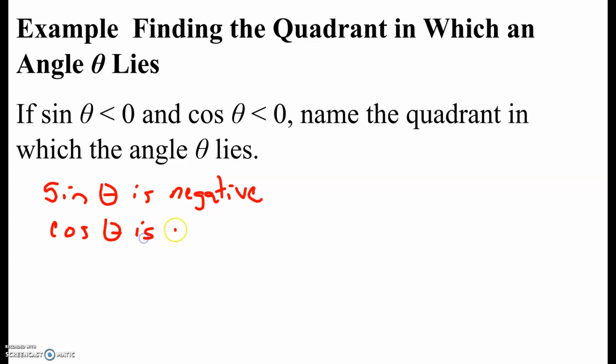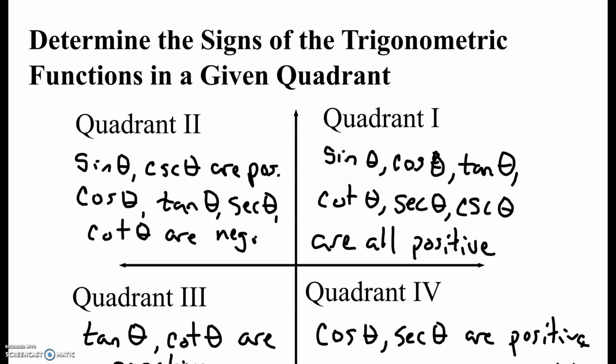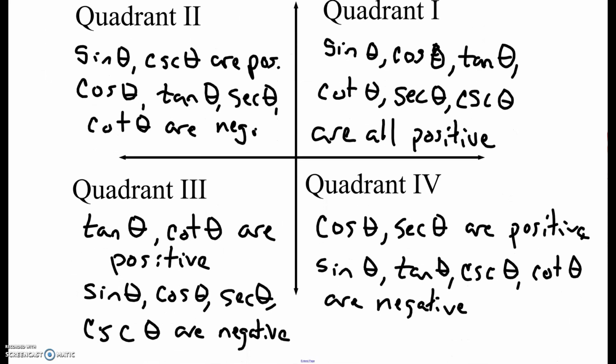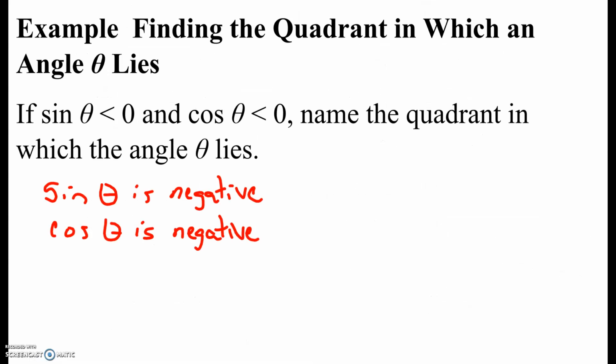Cosine of theta is negative because it's less than 0. So looking back at our previous slide and the values, the place where sine and cosine are both negative is in quadrant 3. So the quadrant would be quadrant 3.